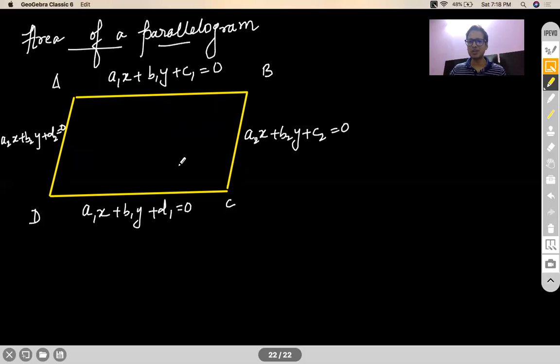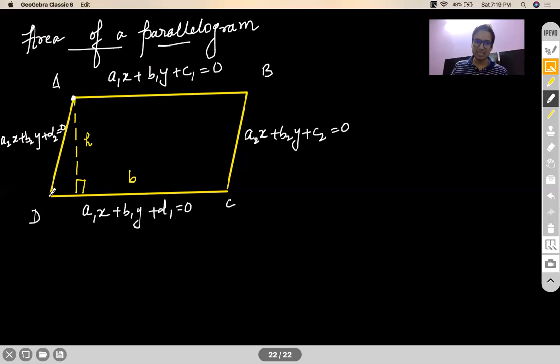So what is the area of a parallelogram? Base into height, right? Isn't it? So area of the parallelogram is base into height. So let's say this is height and this is your base, right? So what all will you do to find base and height? You will say, sir, I need coordinates of A. So for A, I need to solve AD equation and AB equation simultaneously. Correct?